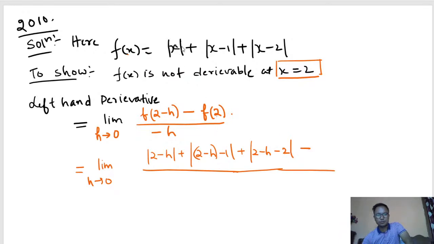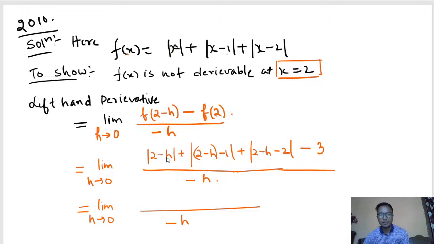The function value at 2 is 2 plus 1, so you will get 3 here. And here it will be minus of h, right? Now limit h tends to 0.